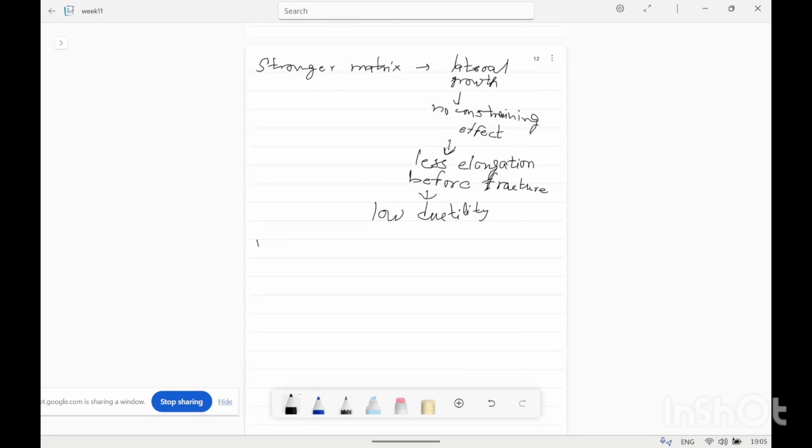So the void nucleation and constraint to plastic flow will get reduced.